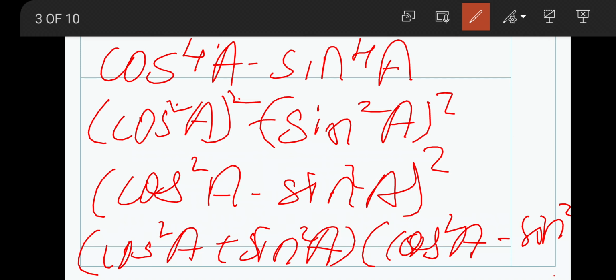So this is how you do it. Instead of theta, a is there. Cos square a plus sin square a is obviously 1.